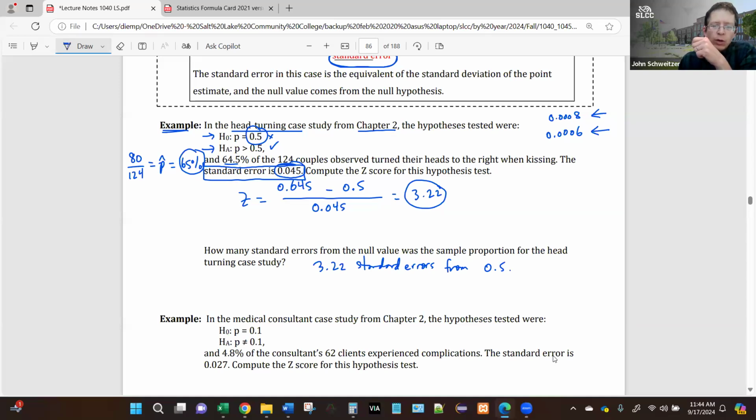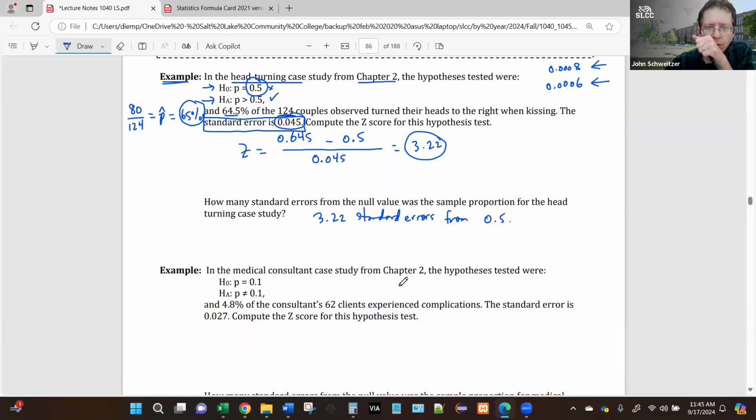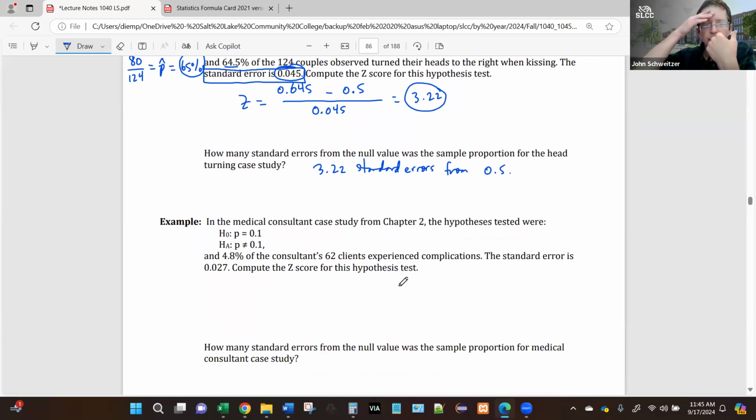Let's do one more, and then I think we'll be in a nice spot here with the normal distribution for today. So, any questions about that example? It's doing the same thing, but in a different way. We're basically calculating a p-value to make a decision about a hypothesis test.